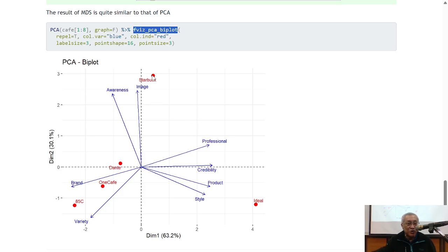These 2 brands are quite unique. Starbucks is very high in awareness and image. And this Ideal, they are good in professional, credibility, product, and style. These 3 brands, especially 85C, are good in brand and variety.